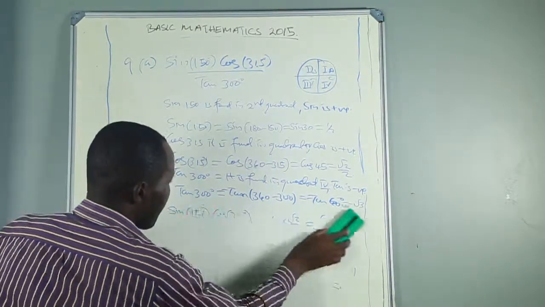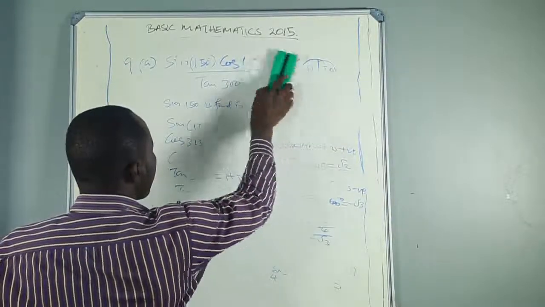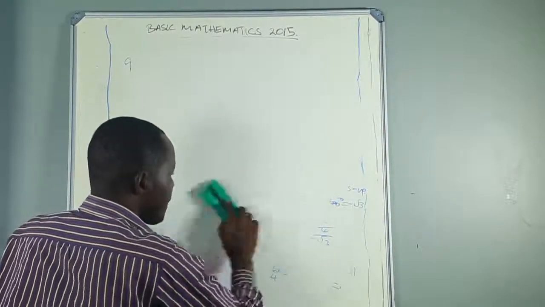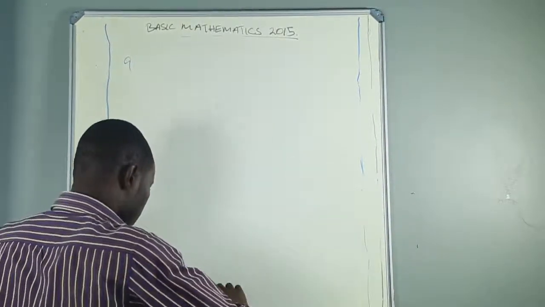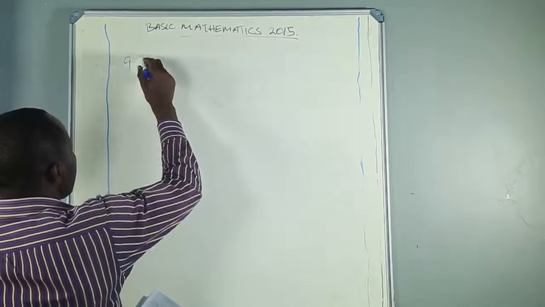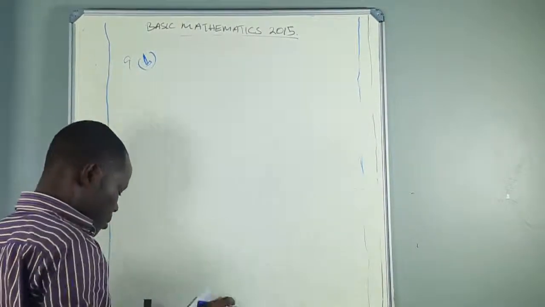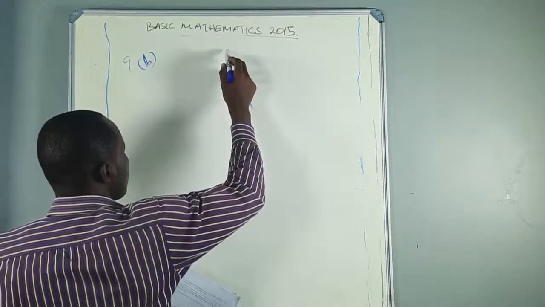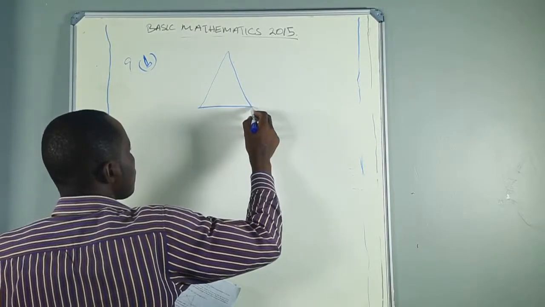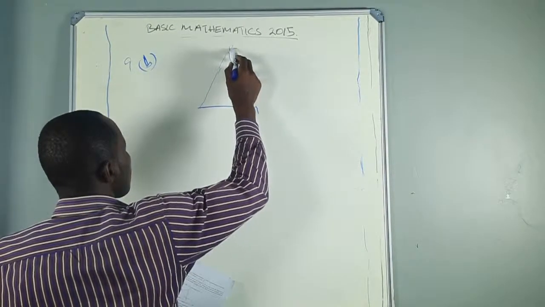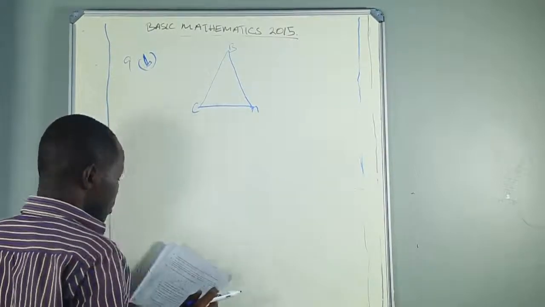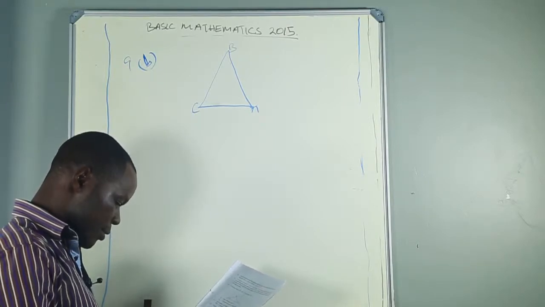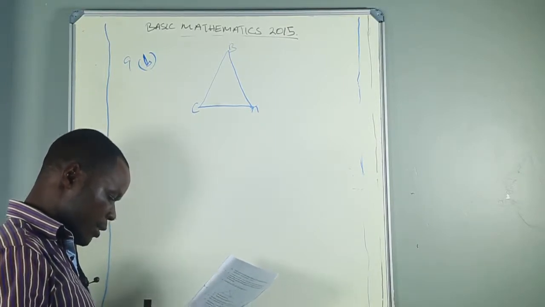9B. Triangle ABC, the lengths of the sides are 4, 5, and 7.